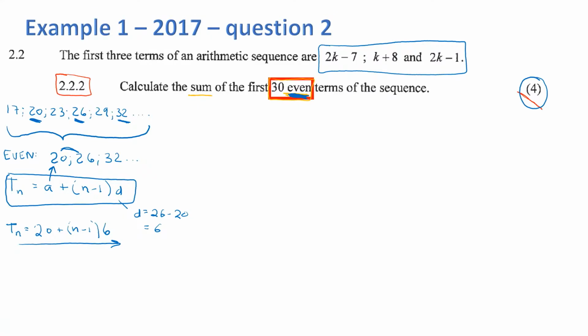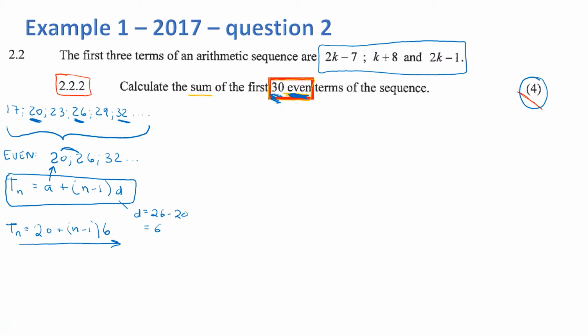And the last important thing we need to do to get the 4 marks is to apply this generic formula. Now, this is the second important formula you need to know how to apply. And luckily for you, it's also given in the formula sheet. I'm going to write it out in its generic form, and then we apply it to this special case of n equals 30.